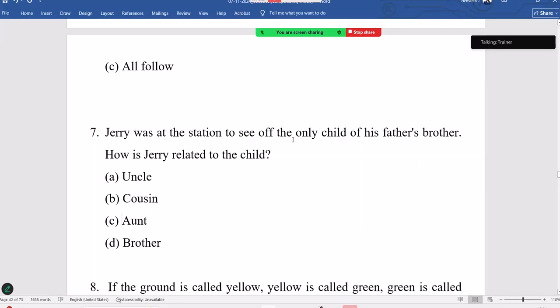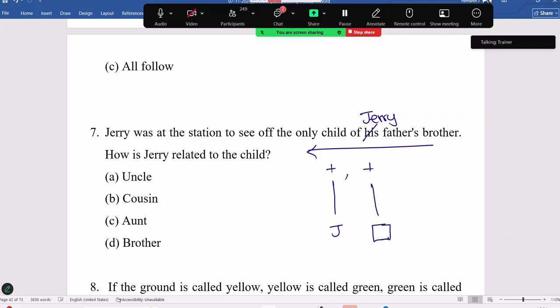Jerry was at the station. This means Jerry's father's brother's only child. These two people are actually Jerry's father's only child, right?